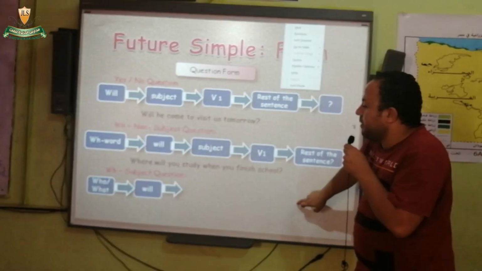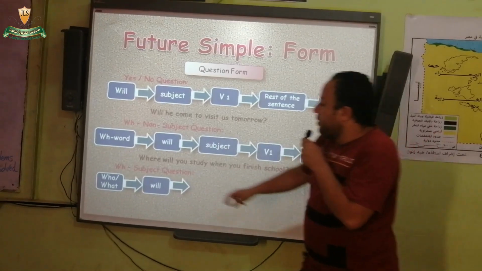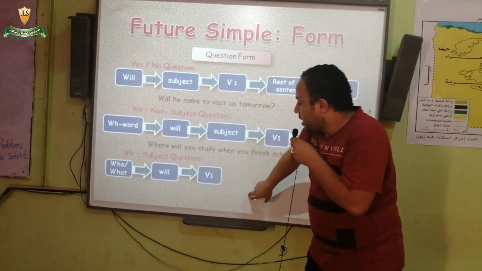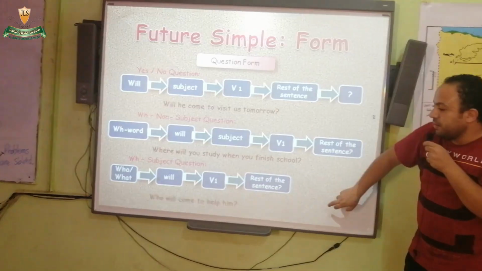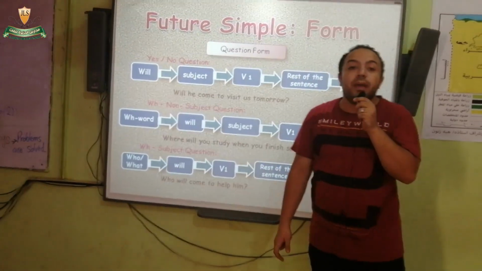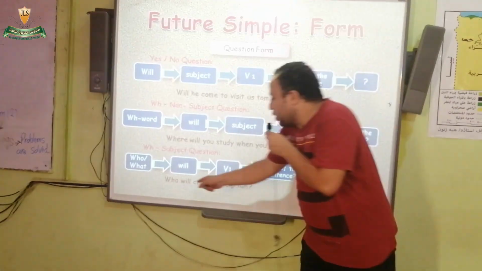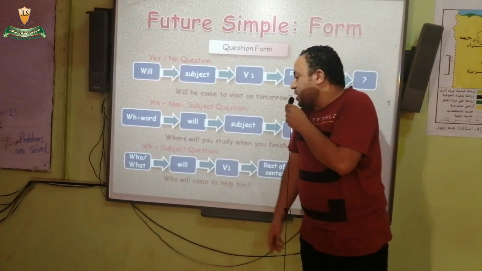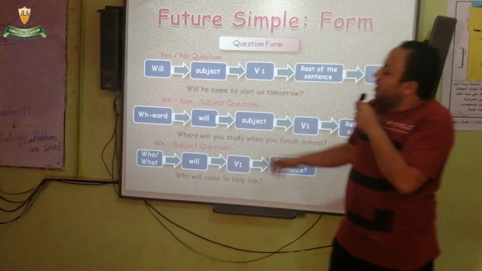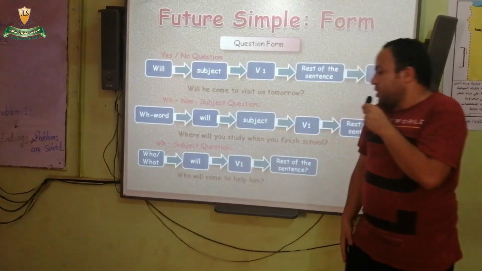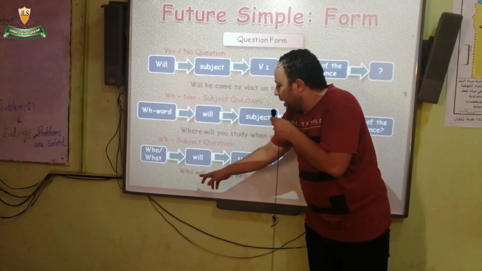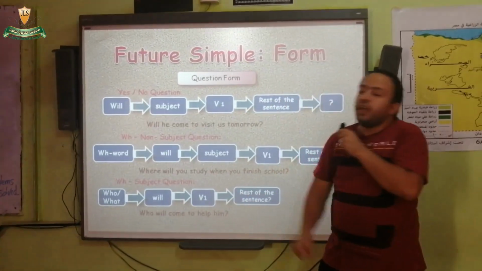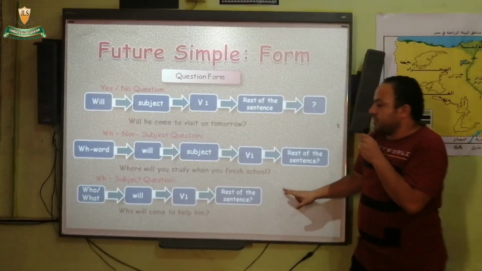Here we have the form with who. We put who plus will plus verb. For example, who will come to help him? We know that who has a different question form. We put who plus will plus come, the infinitive, and then the rest of the sentence.